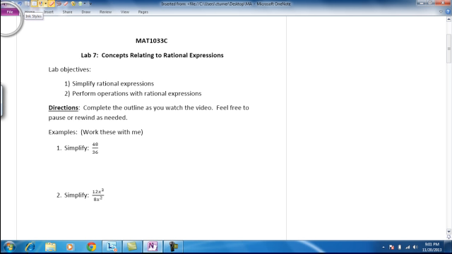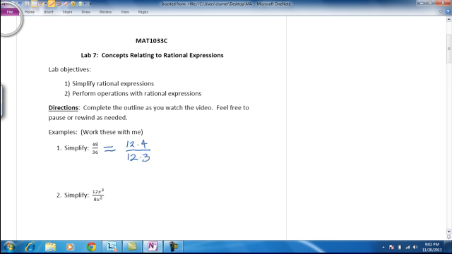In number 1 here, we just want to simplify a basic fraction. To do that, as you may remember from earlier math courses, the trick here is to find a common factor in the numerator and denominator. So I'm going to think of this 48 over 36 as 12 times 4 over 12 times 3.